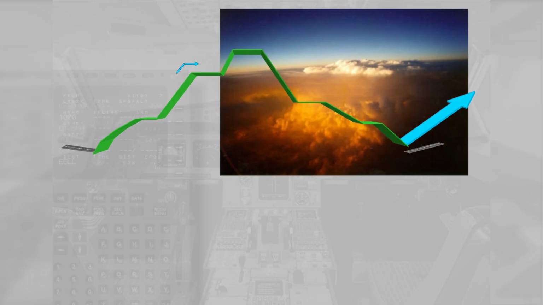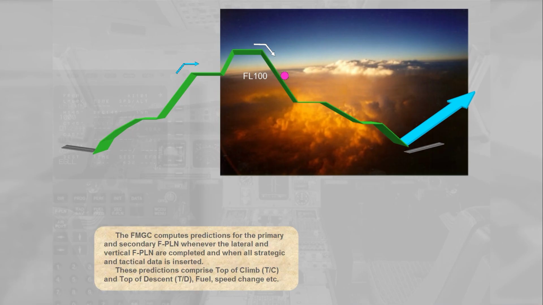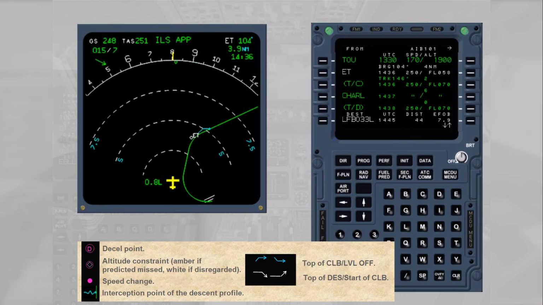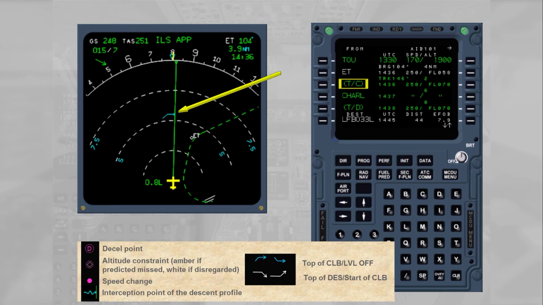These predictions comprise top of climb, TC, and top of descent, TD, fuel, speed change, etc. Predictions are provided on the ND in the form of symbols, depending on the current active autopilot modes. If navigation mode is active, they are displayed along the active flight plan. If heading track mode is active, they are displayed along the track line.